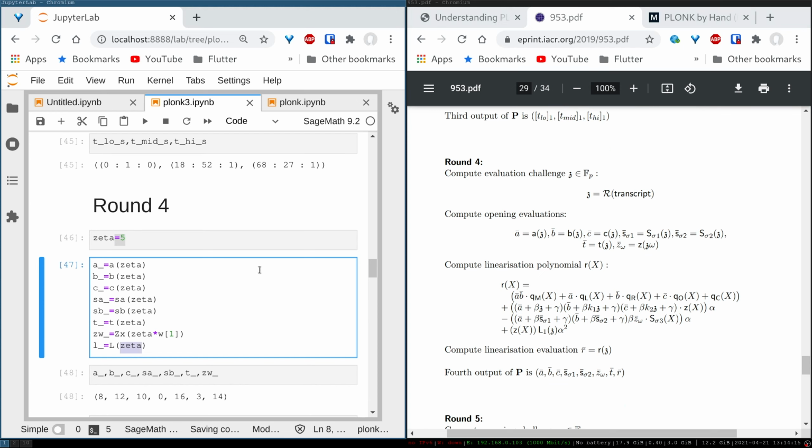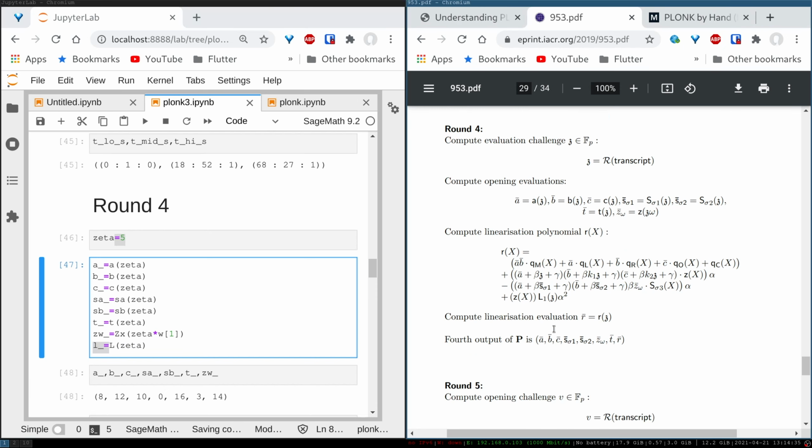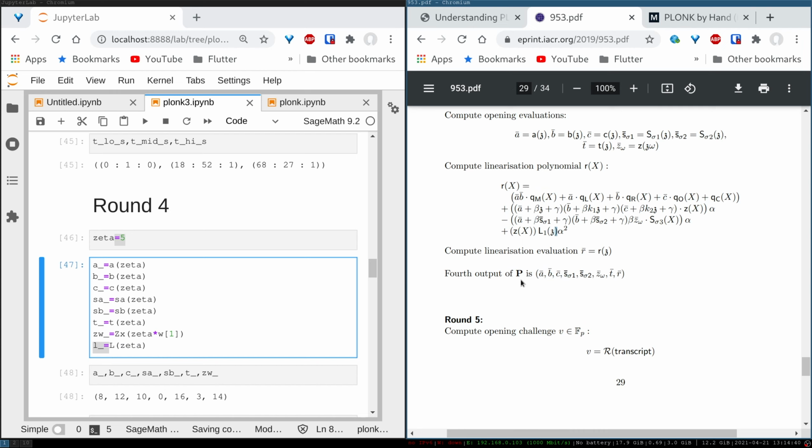So we have A bar, B bar, C bar, SA bar, SB bar. So sigma 1 is SA and sigma 2 is SB. Then T bar and ZW bar. And I have also L bar, but it's not actually part of this guy. L bar is here. L1 zeta is L bar. And then we have to calculate this R.